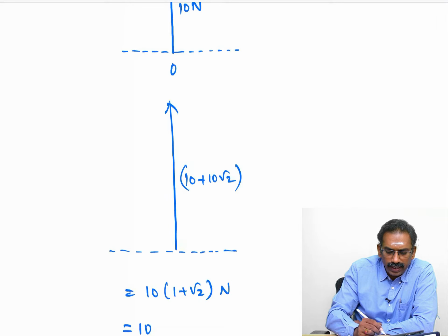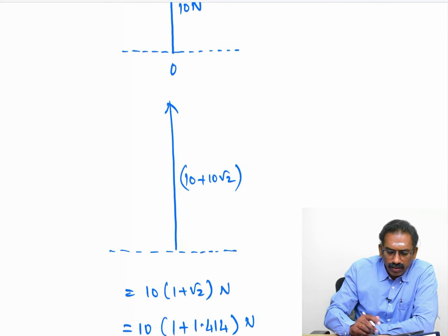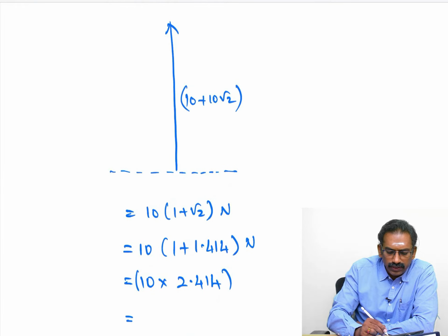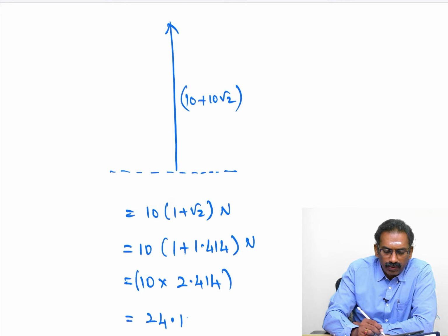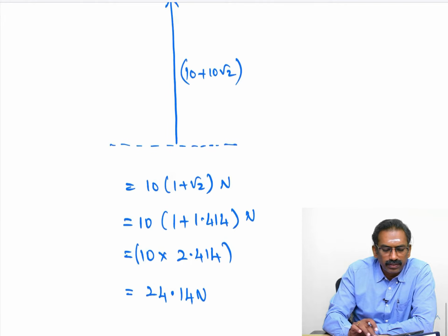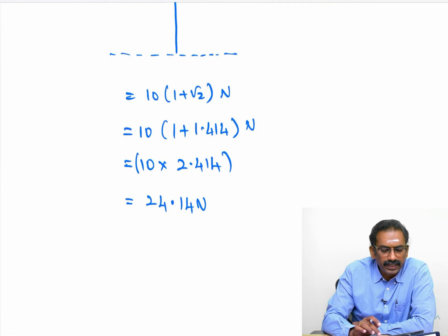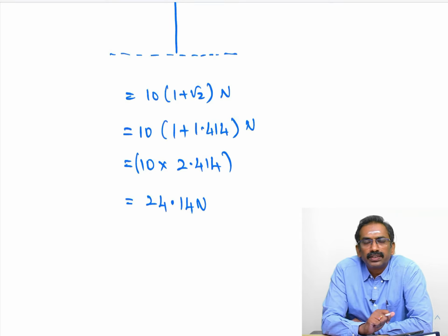That is equal to 10 into 1 plus 1.414 Newton. That is equal to 10 into 2.414. That is equal to 24.14 Newton. This is the resultant of all the 5 vectors.